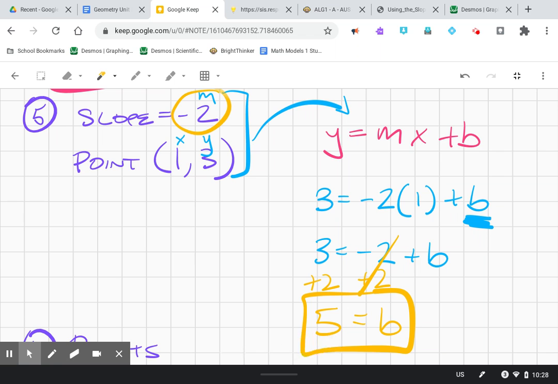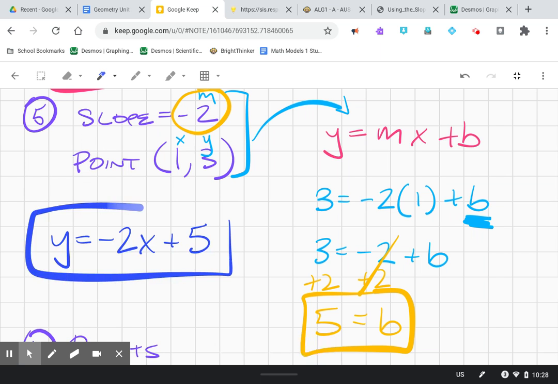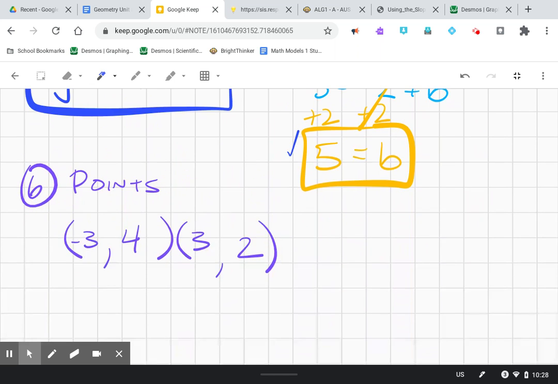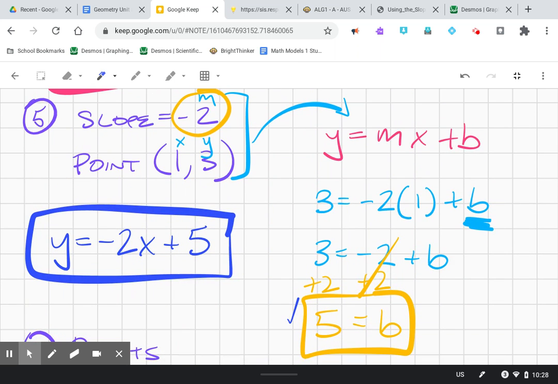So now I have my m and I have my b. So I run over here and I say, okay, y equals negative 2x plus 5. So I already have my m, and then I just found my b there. So you're going to be doing that anytime they give you the slope and 1 point.